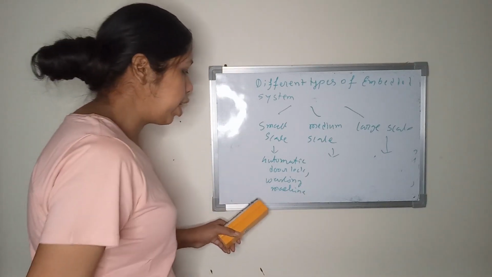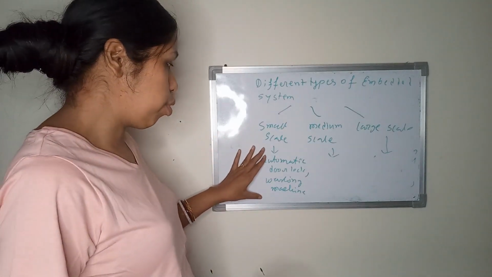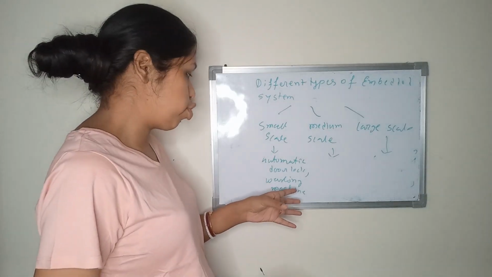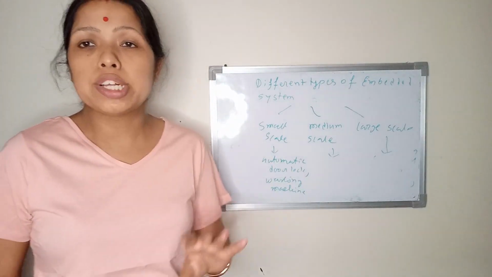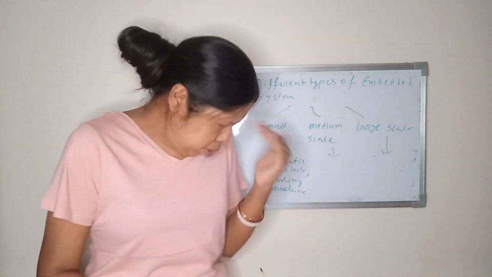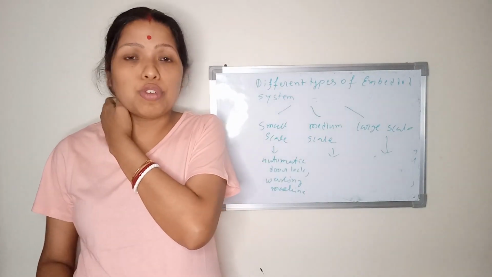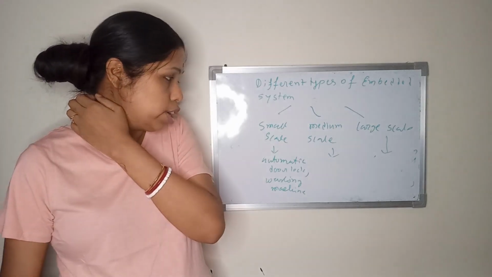For that, you can easily build an automatic door lock using hardware components. For a washing machine also, using hardware components, you can build the small scale system. You need PLC control system knowledge for building the washing machine.